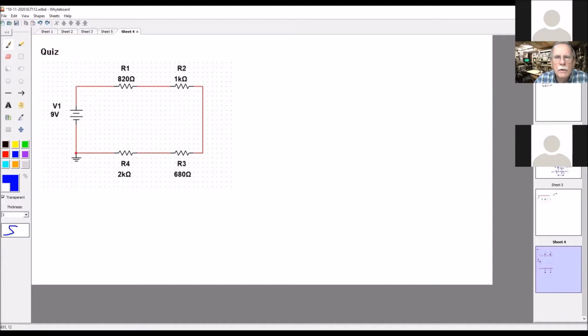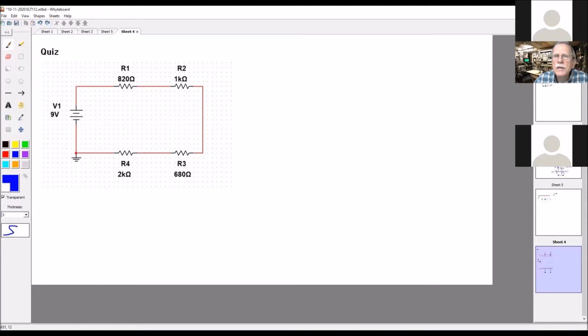Well, let's do this. REQ, we know that that's R1 plus R2 plus R3 plus R4. So that's 820 plus 1K plus 680 plus 2K.